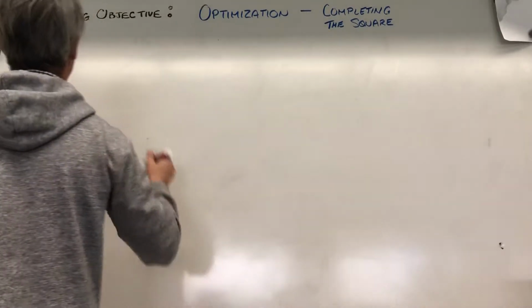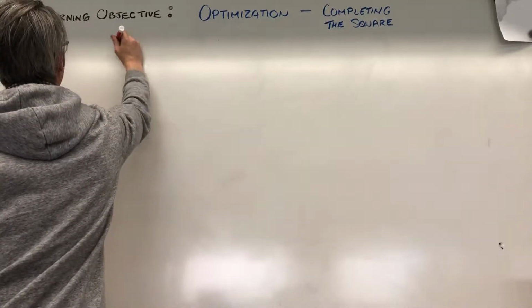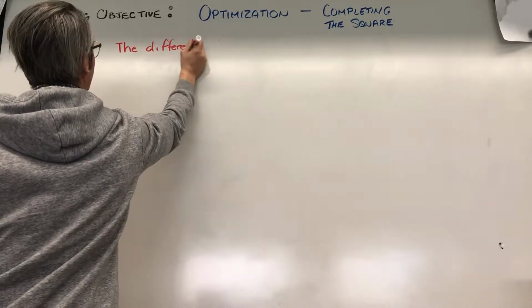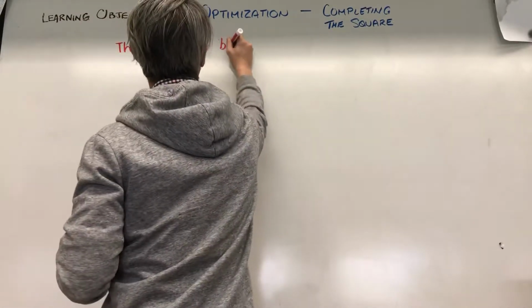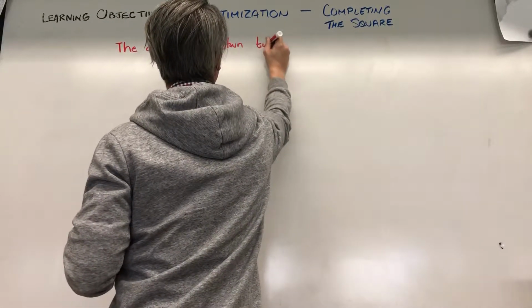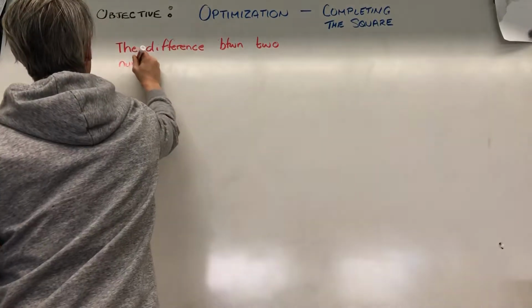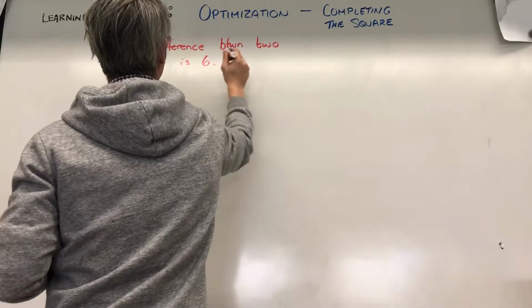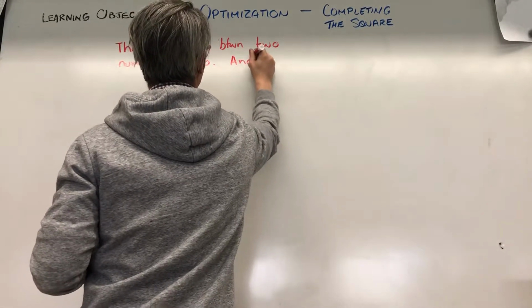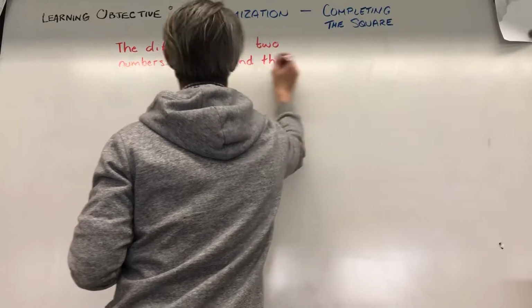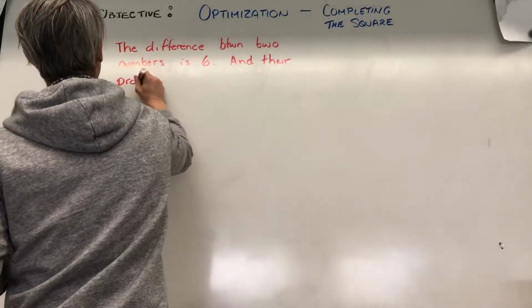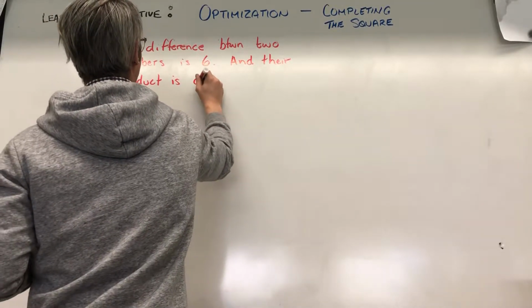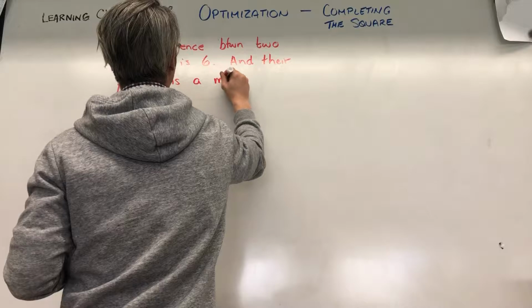So let's say the difference between two numbers is, let's say, 6, and their product is a maximum.